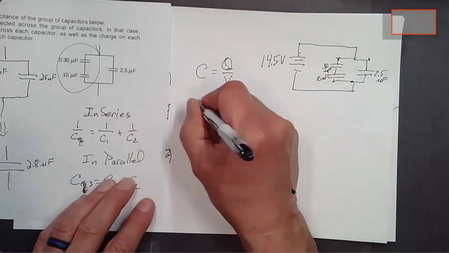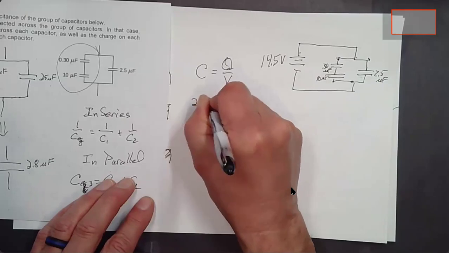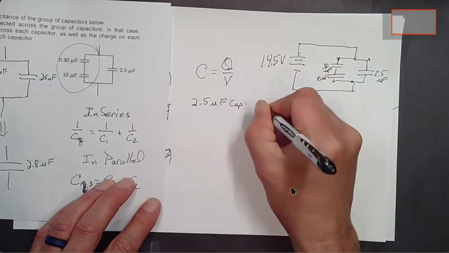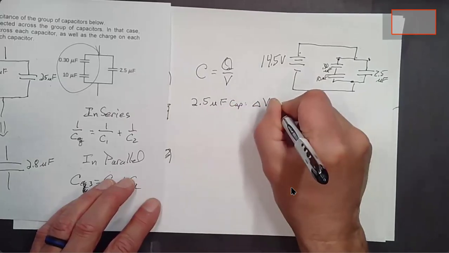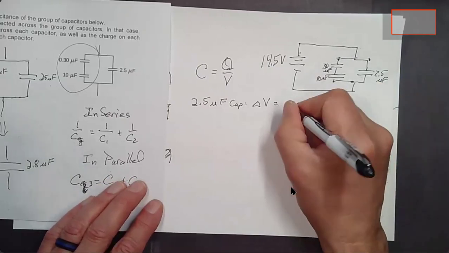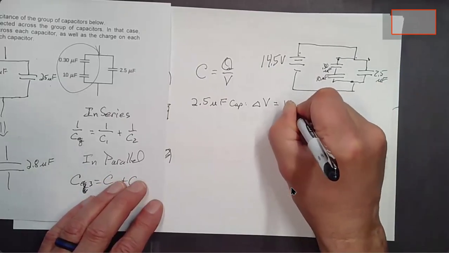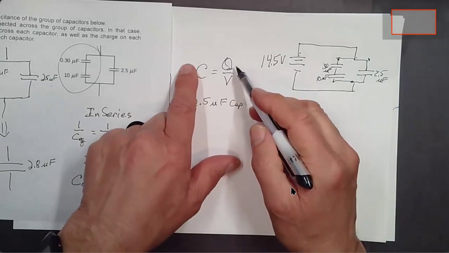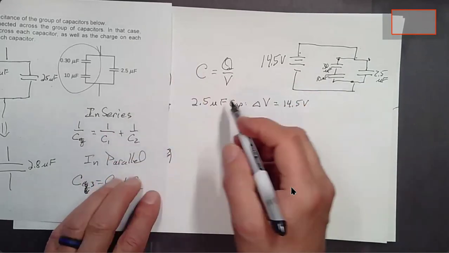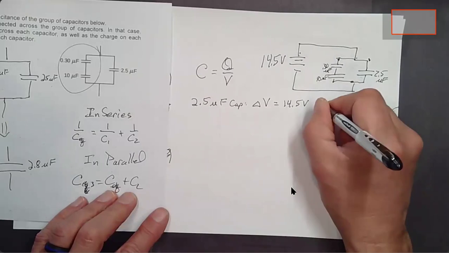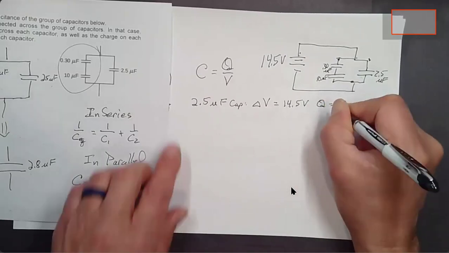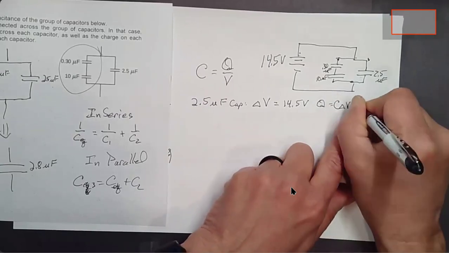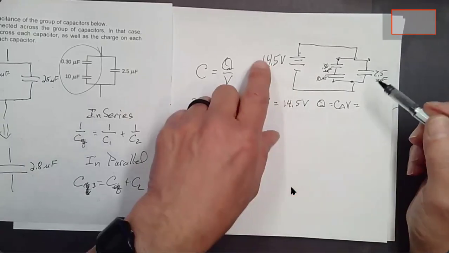Okay, but anyway, for the 2.5 microfarad capacitor, delta V is going to equal 14.5 volts. Delta V is equal to Q divided by C, so the charge will equal the capacitance times delta V, C delta V. I can just multiply 2.5 microfarads by 14.5 volts.